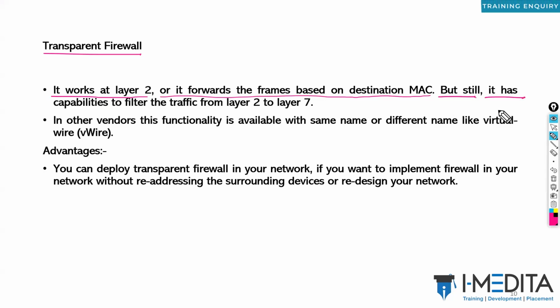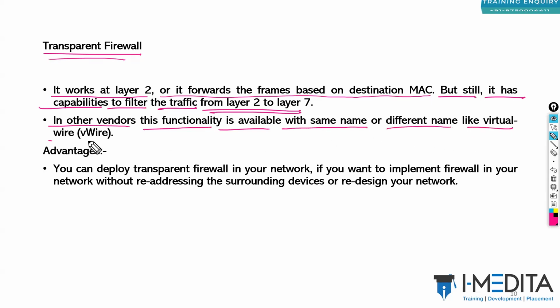But still, the firewall has the capability to filter traffic from layer 2 to layer 7. In other vendors, this functionality is available under the same name or a different name, like vWire.